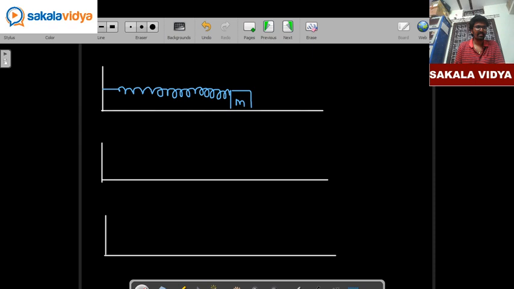Initially it is at a position A, where its displacement made is 0.